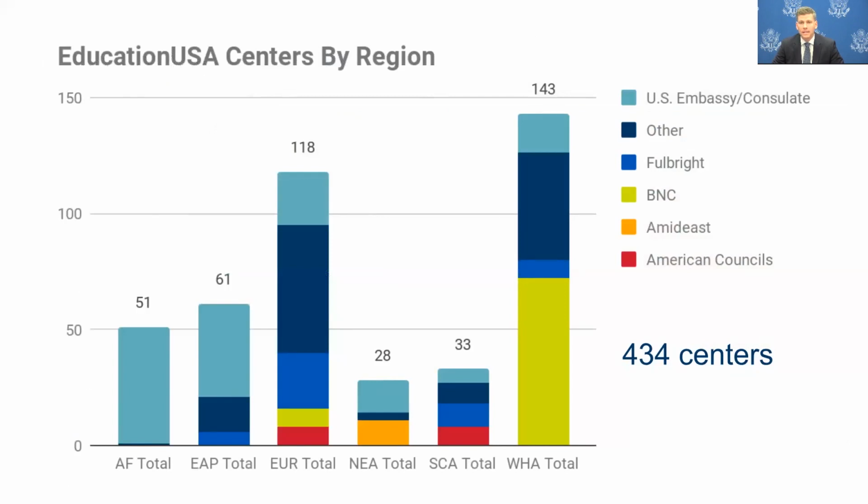And that means that our higher ed community and institutions has ample opportunity to connect with many centers and many advisors that are doing outreach, both in person and virtually, with thousands of students throughout the region.